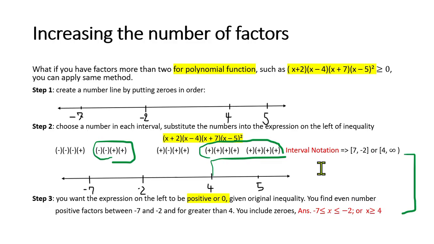By using interval notation, between minus 7 and minus 2, all the numbers can be included, so brackets. And 4 and 5: greater than or equal to 4, and then to infinity. So bracket 4 and infinity with parenthesis.